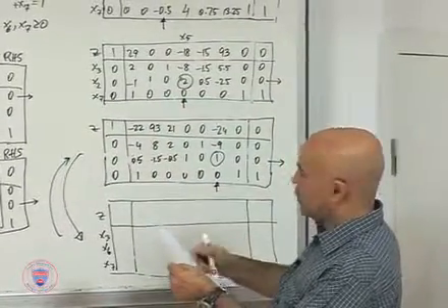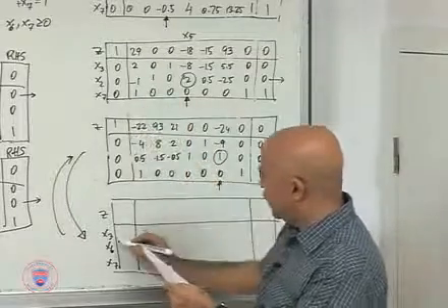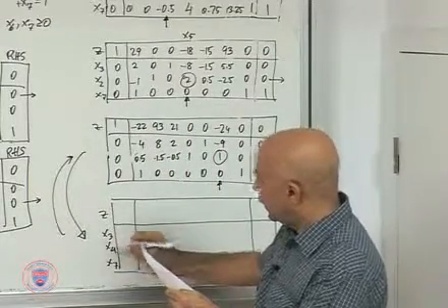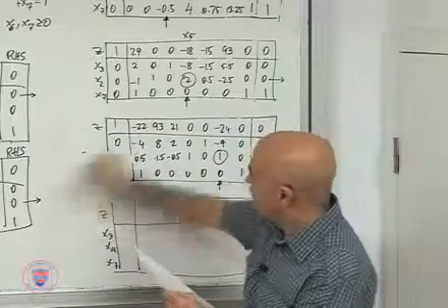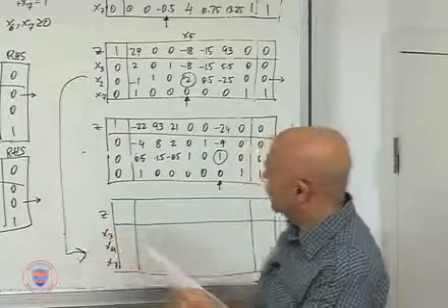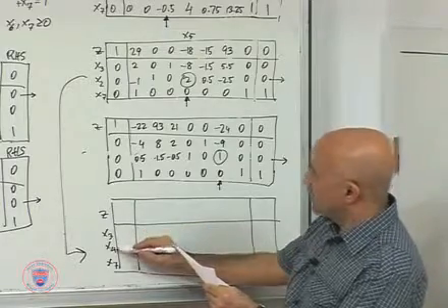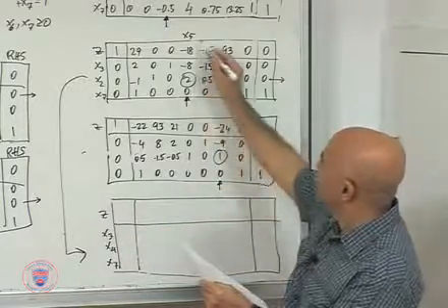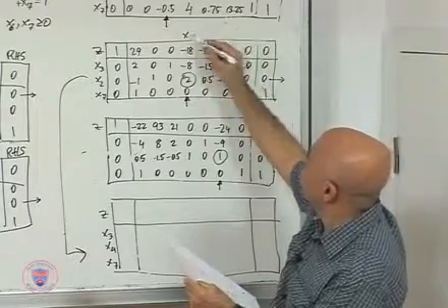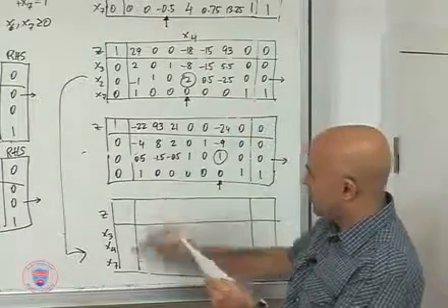I've got X3, X4, X7. We're moving to that one. X3, X4. No, that's a 4. X7.